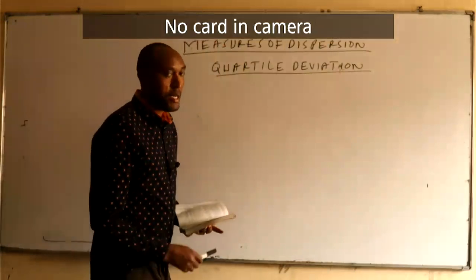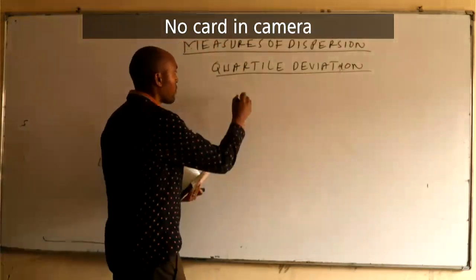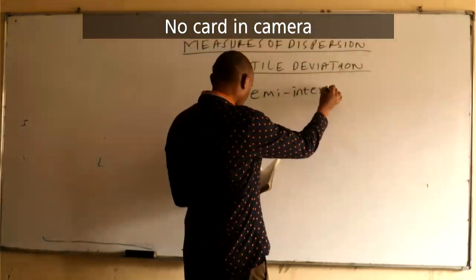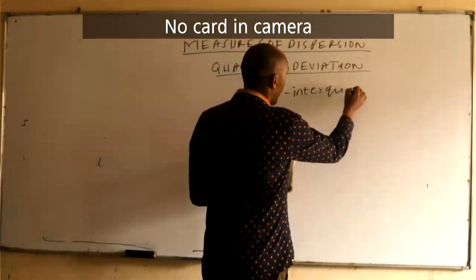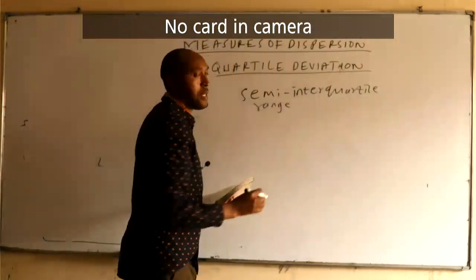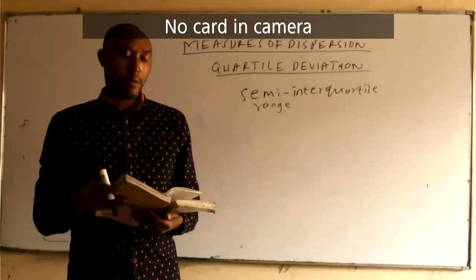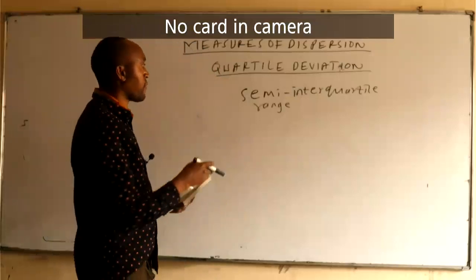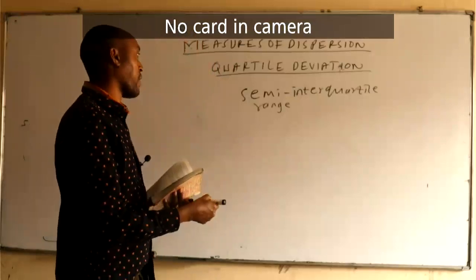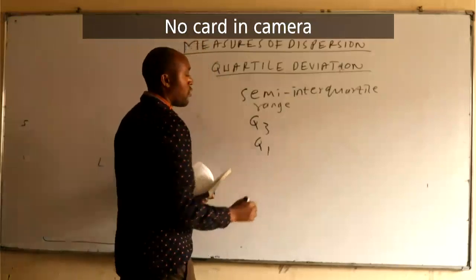Quartile deviation is also known as semi-interquartile range. This measure of dispersion is based on the upper quartile, which is Q3, and the lower quartile, which is Q1.